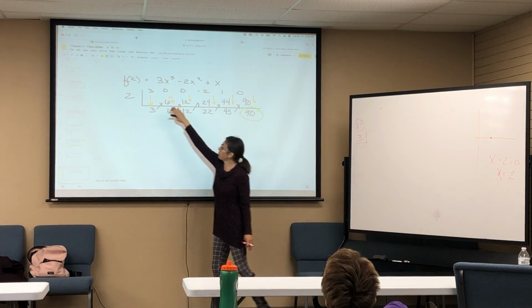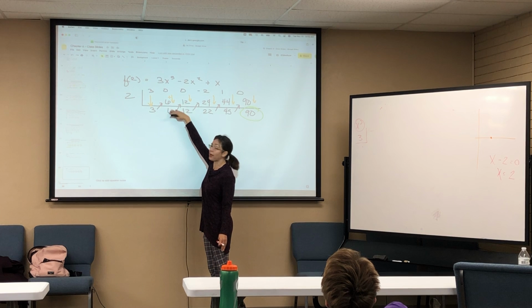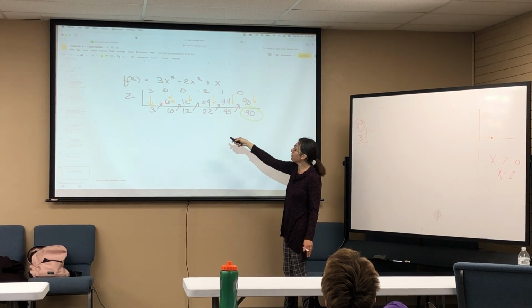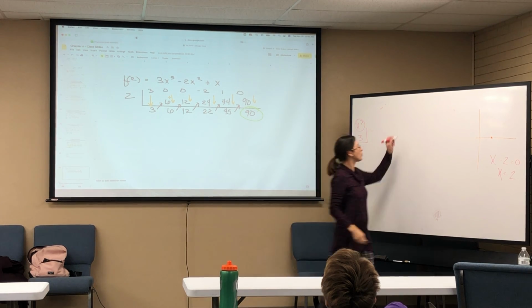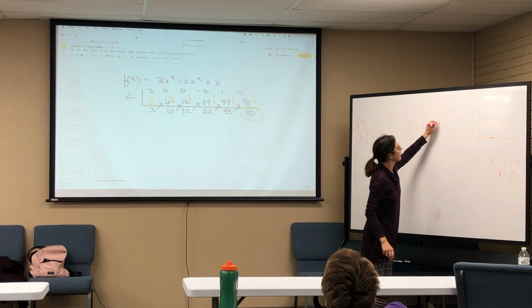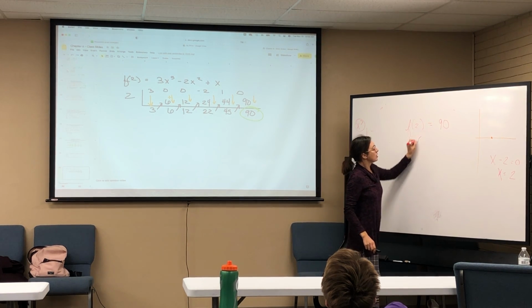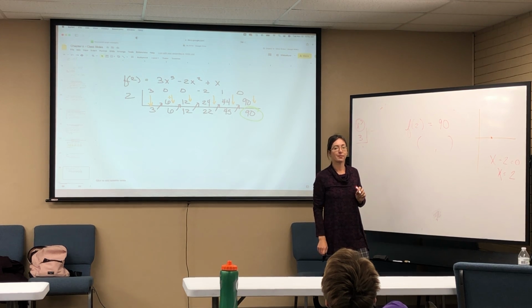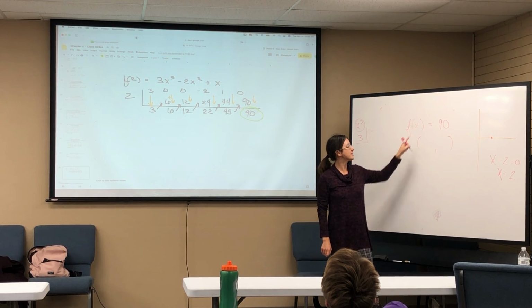Right? So we drop, multiply, and add. When we move all the way across, we would get our answer. F of 2, in this case, what we would write is F of 2 is equal to 90. So as a coordinate, how would I write that? What is this telling me?